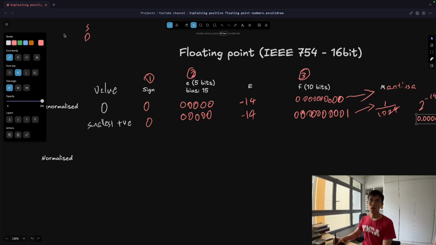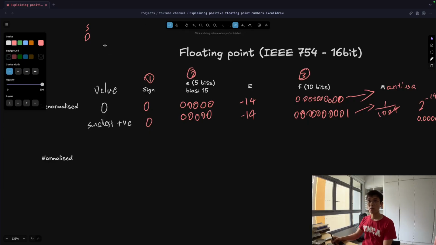So if we go to here, the sign bit, then you have E, which is 5 bits, and you have F, which is 10 bits. So this is the smallest positive 16-bit floating point number.